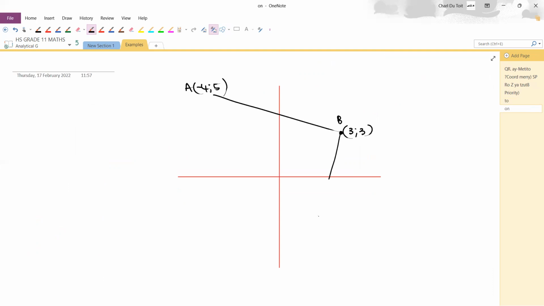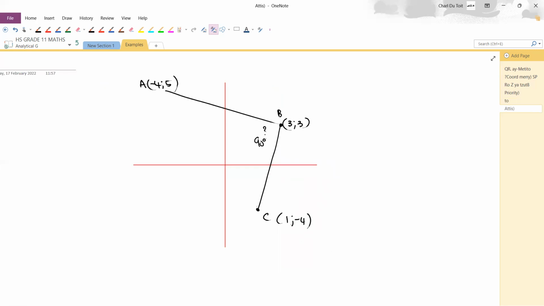And I have a line there. And this coordinate here is C, and it is 1 and -4. How can I determine if this angle is 90 degrees? How do we know if an angle is 90 degrees?